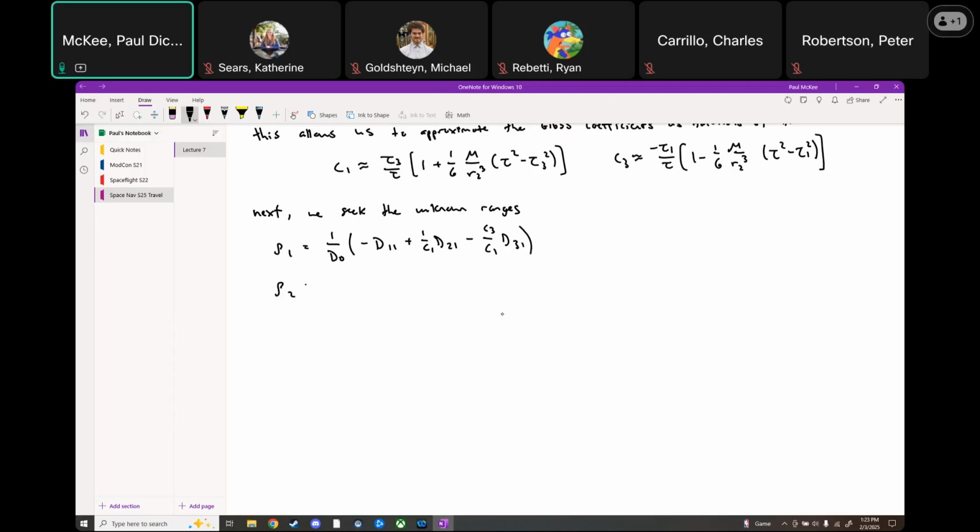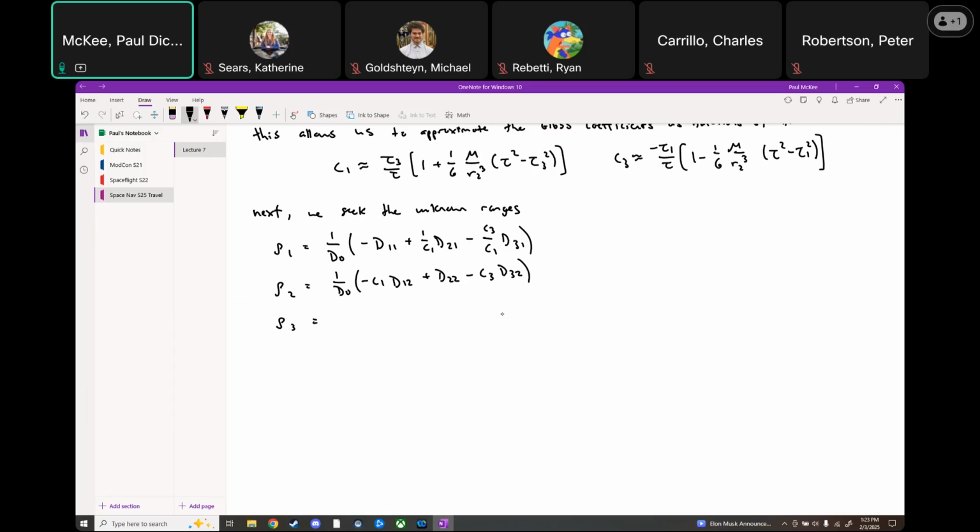Similarly, rho 2 is 1 over d naught, negative c1 d12 plus d22 minus c3 d32.